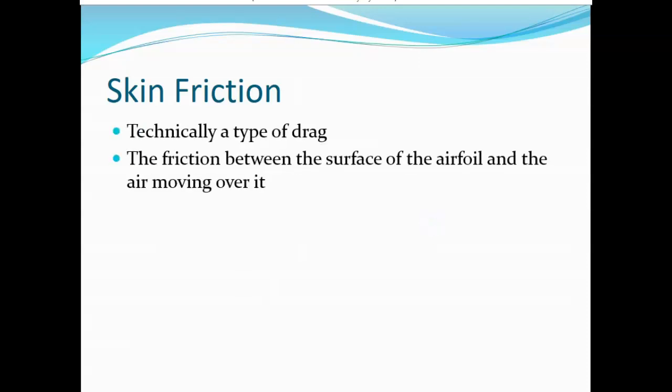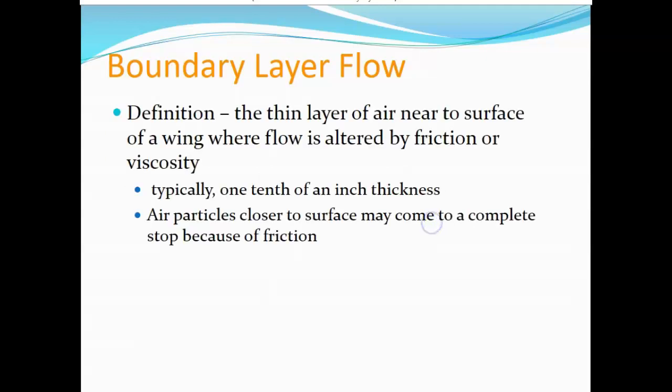Now, as I said before, skin friction is a type of drag. It's actually technically a type of parasite drag. It's the friction between the surface of the airfoil and the air that moves over it. Boundary layer flow is the thin layer of air that's nearest the surface of the wing, where the flow is altered by friction, skin friction, or viscosity.